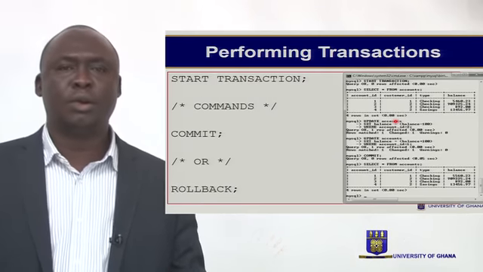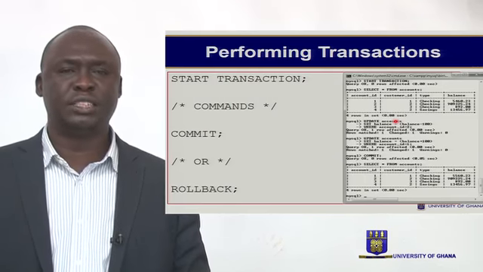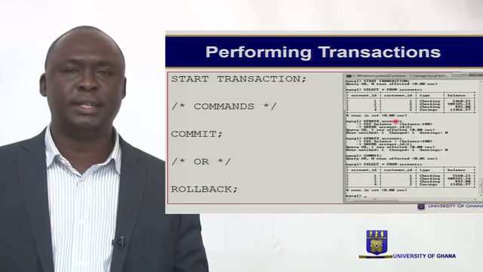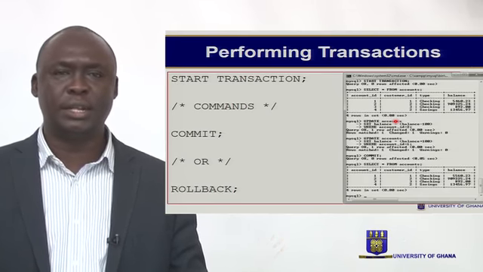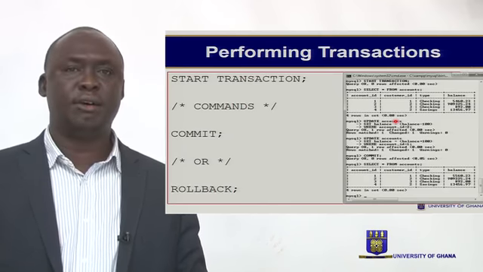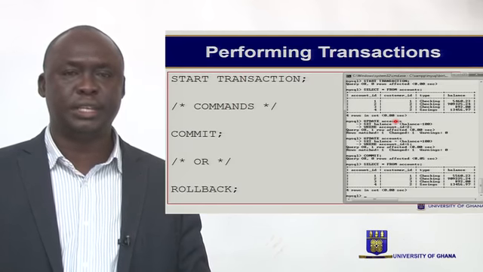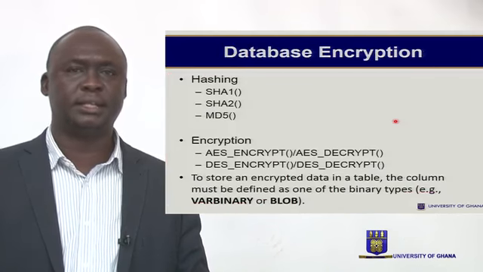And then commit. You can also add queries after your transaction failed, and then you roll back if you don't want other transactions to happen. So this is the structure of transactions. You can try it out later with the example stated in the exercise.